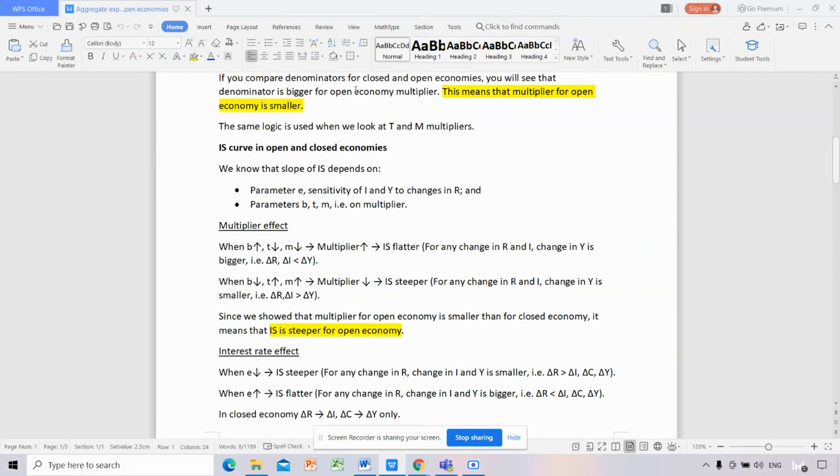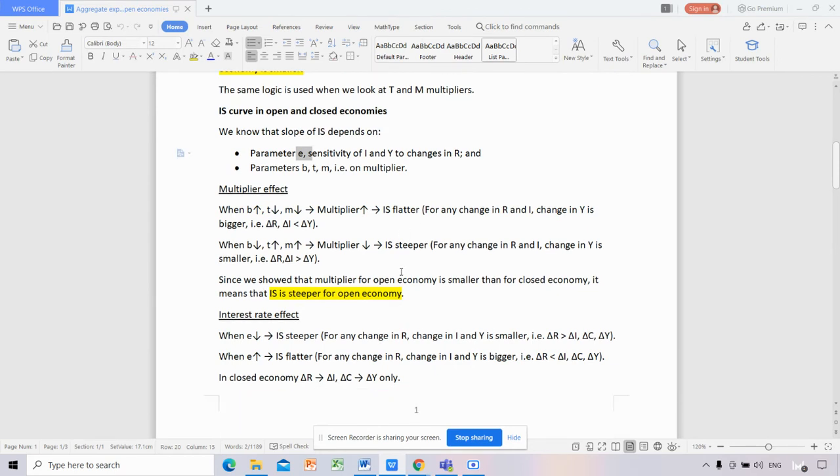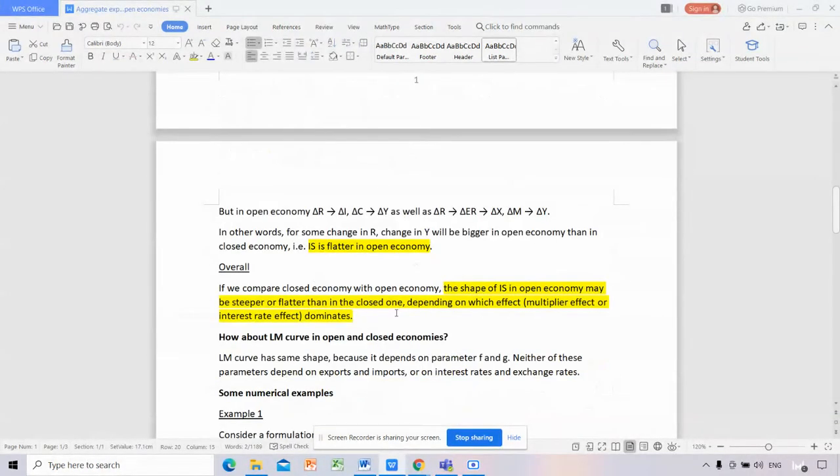So what affects the slope of IS more, B, T, and M or parameter E and the sensitivity of income to the interest rate? We cannot answer the question unless we have the real data. We do the empirical estimate, right? So in general, the shape of the IS curve in the open economy can be any, steeper or flatter, depending which effect dominates.